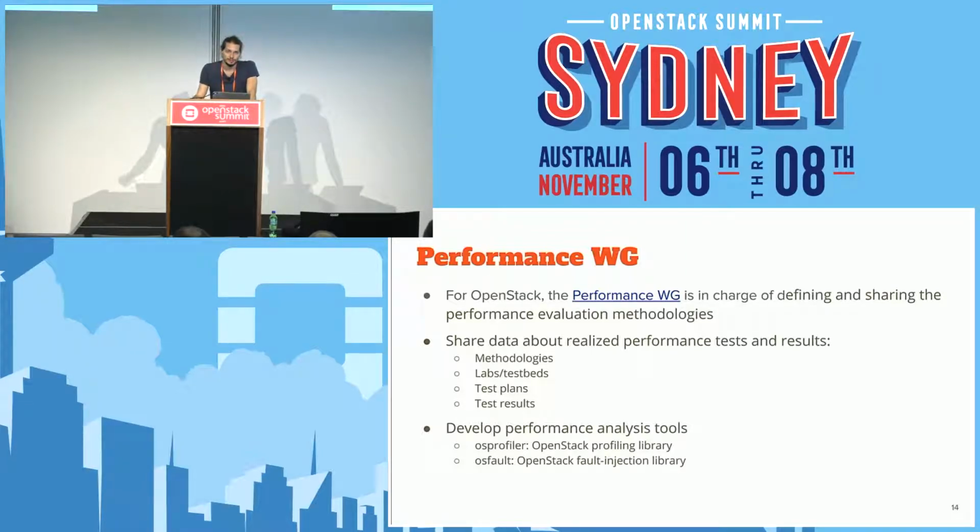You can have a look at the wiki of this working group. They also develop some performance analysis tools like OS Profiler, which is the library in OpenStack to profile OpenStack calls, and OS Faults, which is the library to inject faults during a test on OpenStack, like stopping a service during the test.